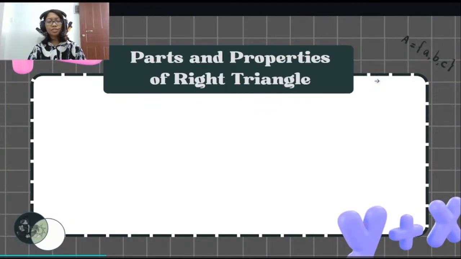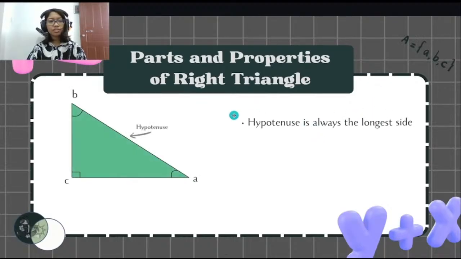Parts and properties of a right triangle. In a right triangle, the side opposite the right angle is called the hypotenuse, the longest side. The other two sides are the legs.